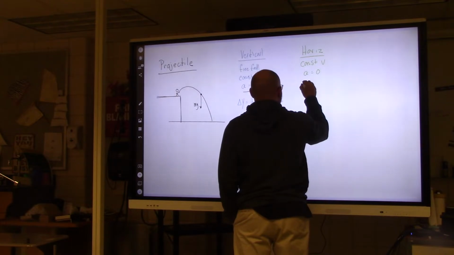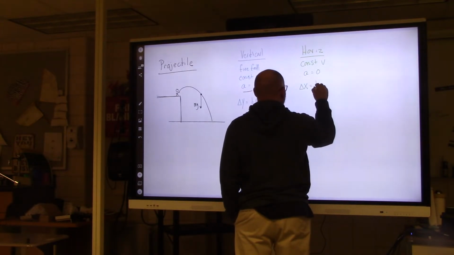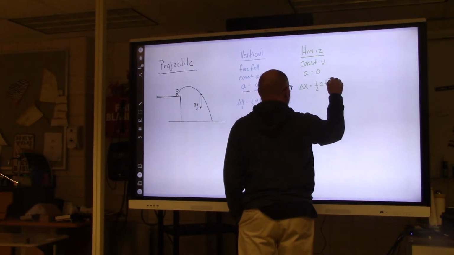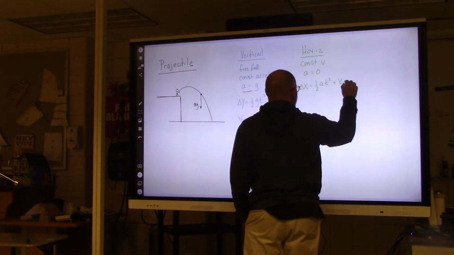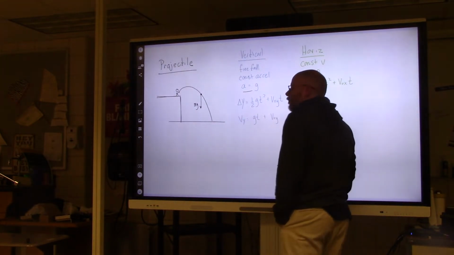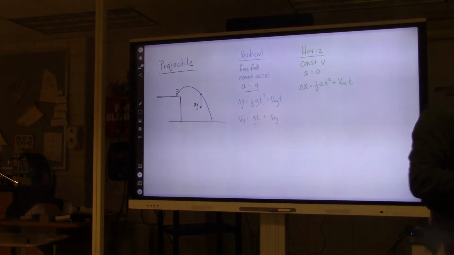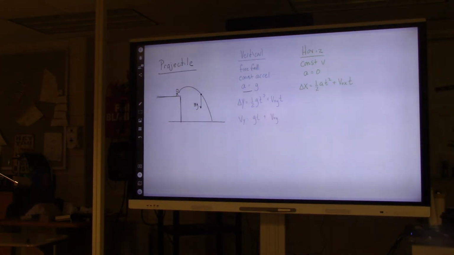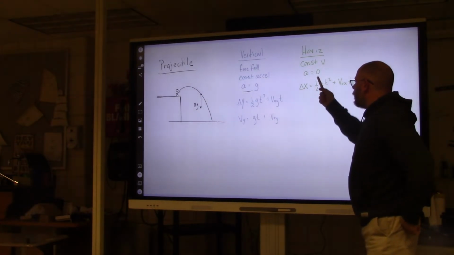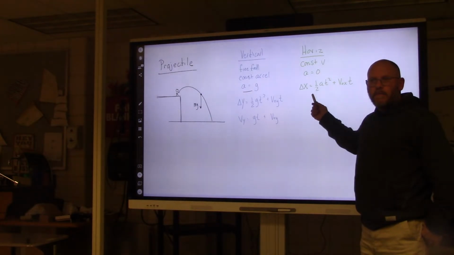So we're going to use this equation, delta x is equal to 1/2 at squared plus v0 in the x direction times t. And this is what I was talking about earlier, this is the kinematic equation formula, but if your acceleration is equal to 0, what happens to this term right here?